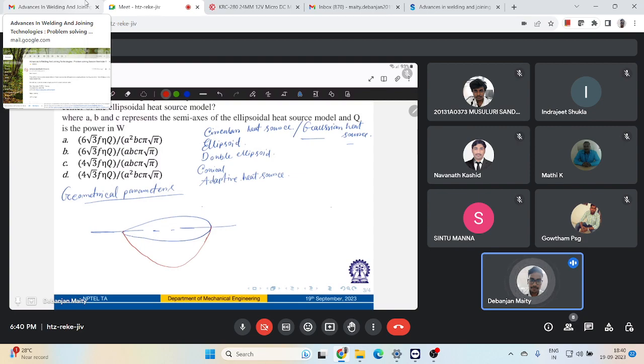This is towards depth, and let's say this is my x-axis, this is my y-axis, and this is my z. So what are the parameters here?